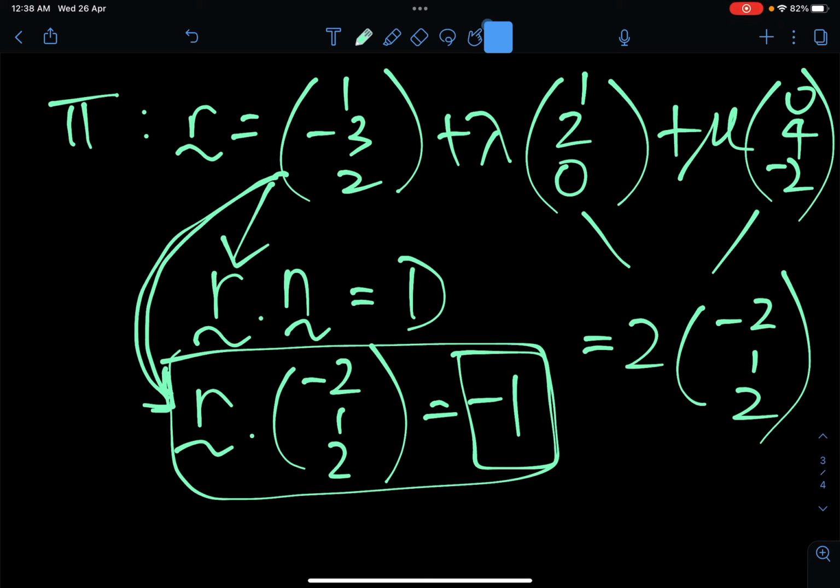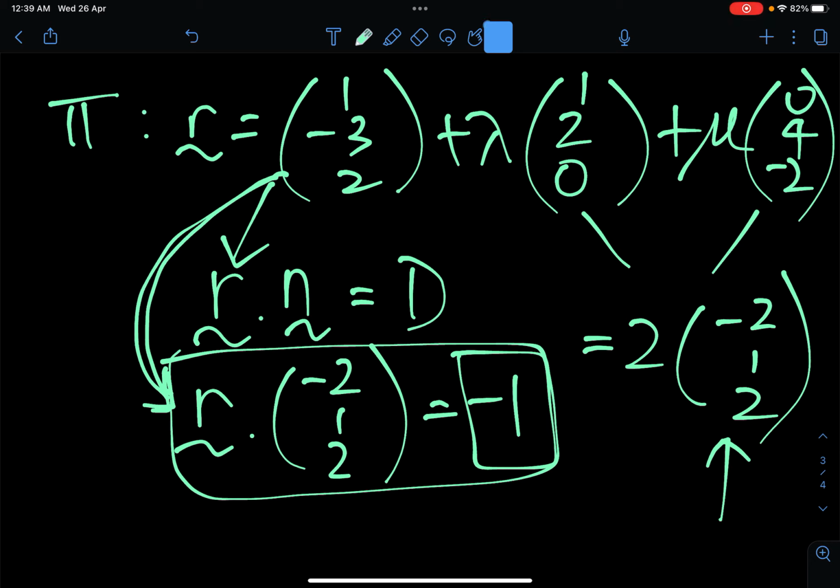Remember, when you cross two vectors, you get a vector normal to the two vectors you're crossing. Therefore, (minus 2, 1, 2) is normal to the plane. These are all covered in yesterday's video on challenging questions, vectors distance between two planes.